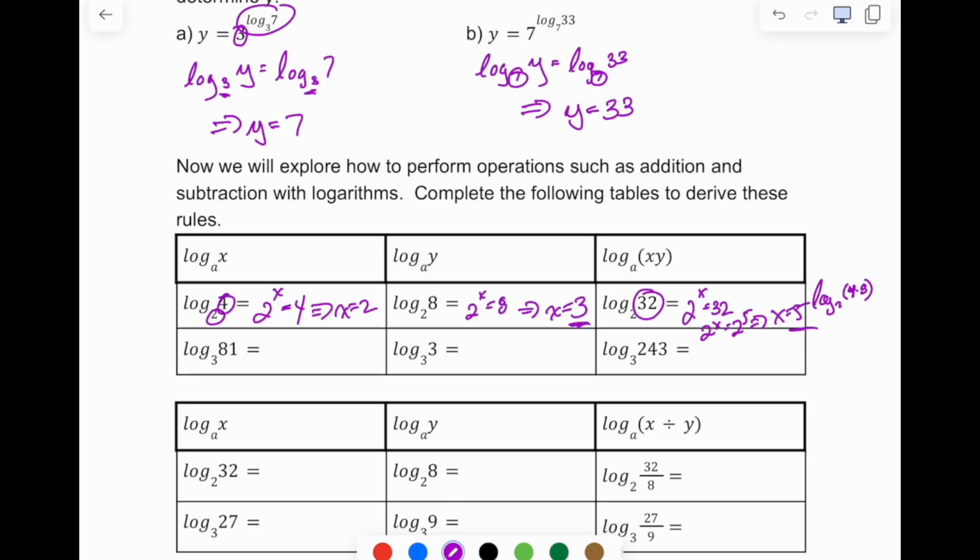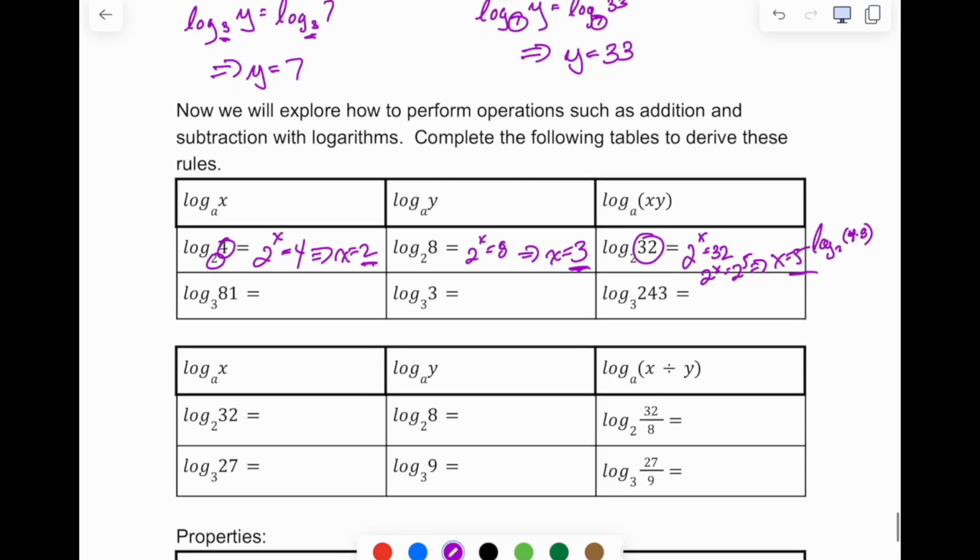But log of 8 is 3, and log of 4 is 2, all base 2. So what's the connection there? Kind of hinting at 2 plus 3 is equal to 5, right? But let's try another example to see if that works. So log base 3 of 81. 3 times 3 is 9, times 3 is 27, so that's going to be 4.